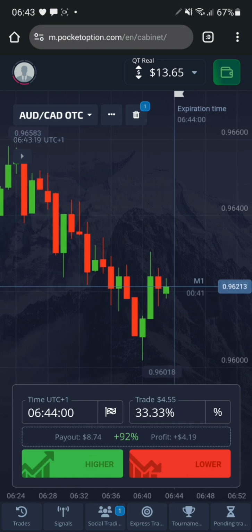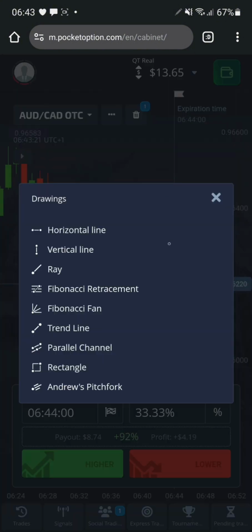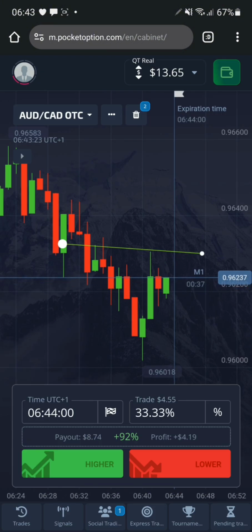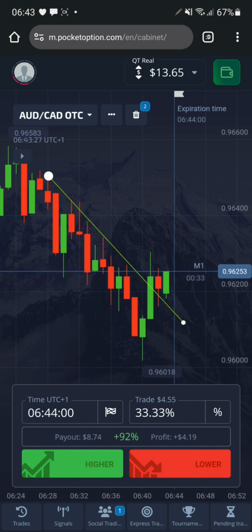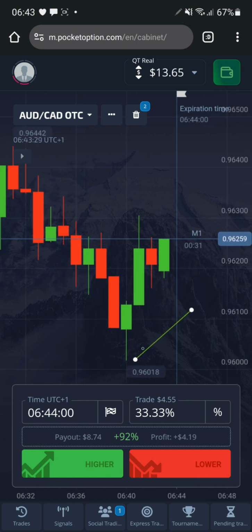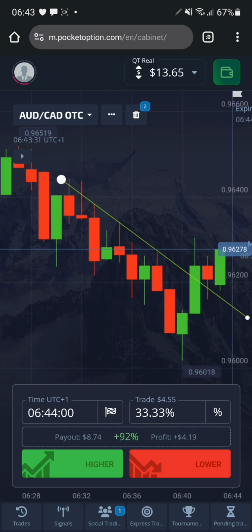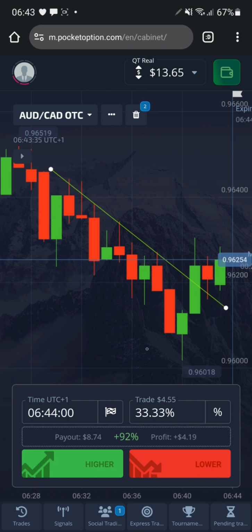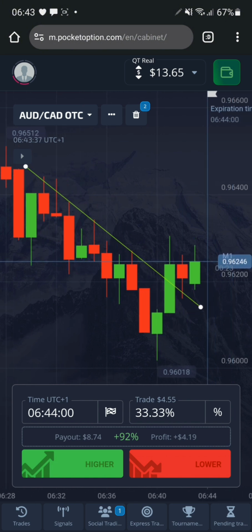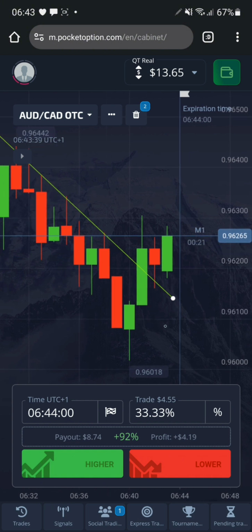This is a downward trend. I'm looking for a very nice rejection market. I'm yet to find one. I just don't want to take random trades. I want to take very good, high quality trades.